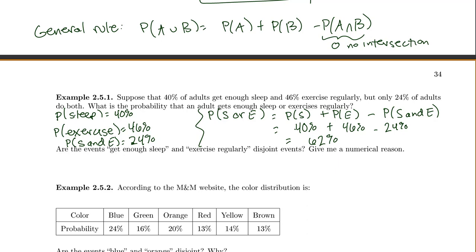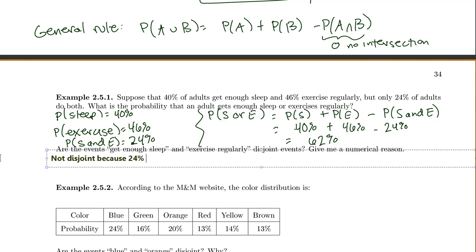So on this one, disjoint means you can't possibly be in both groups at the same time. But we know that's not true because there were 24% of people that both get enough sleep and exercise. So I would say this is not disjoint because 24% of people do both.